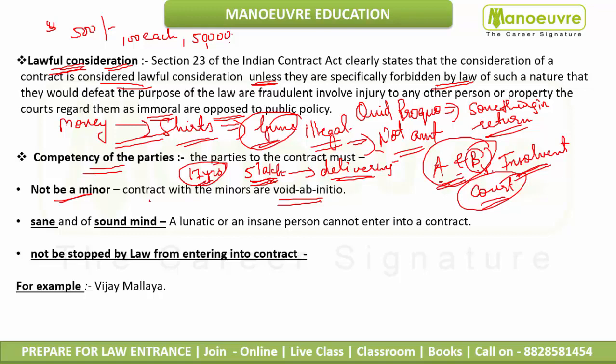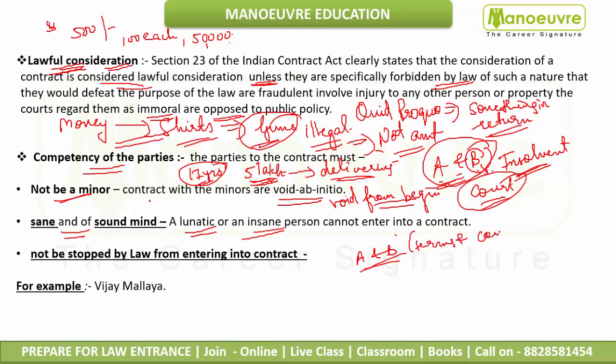Yet another legal Latin word: void ab initio means void, that is, illegal from the beginning itself. So there cannot exist a valid contract when the contracting party is a minor. Next, sane and of sound mind. The person with whom you're contracting, for example, A and B are the parties, cannot be a lunatic or an insane person, because they don't know what terms and conditions they are signing.